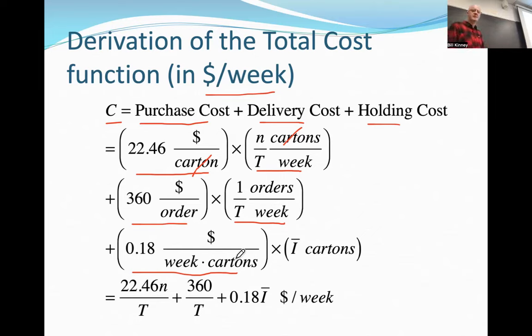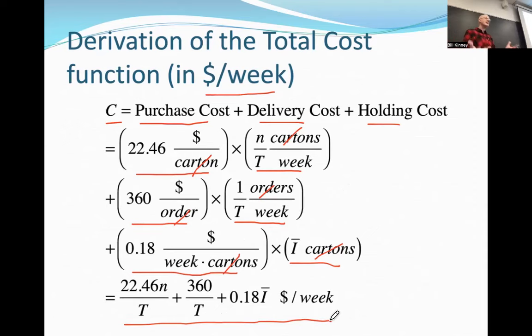You don't need to worry sometimes about units like that and imagining what it means. Just realize that if you then multiply by a certain number of cartons, the average number of cartons per week, the cartons do cancel here and you are left with dollars per week. The orders canceled here. So all these things do give you something that is in now dollars per week. And when you simplify it, you get the final formula right here.